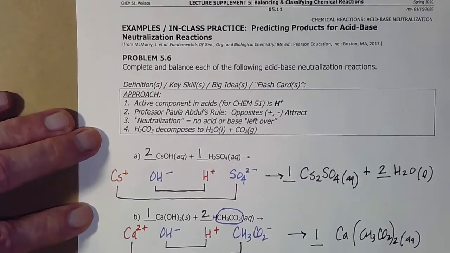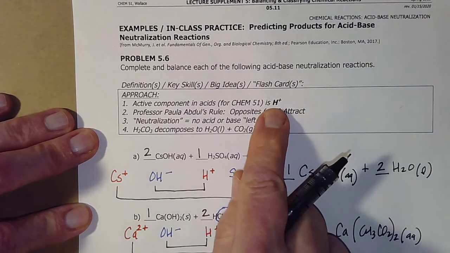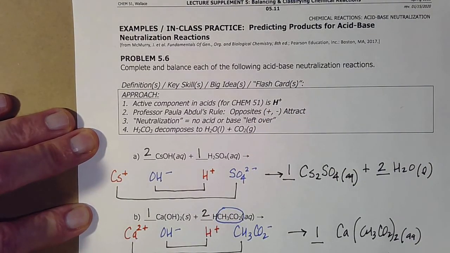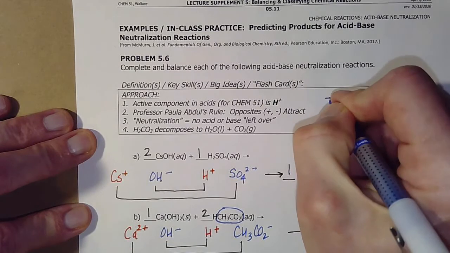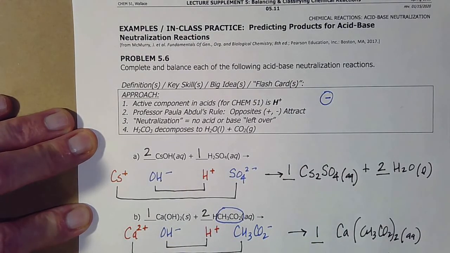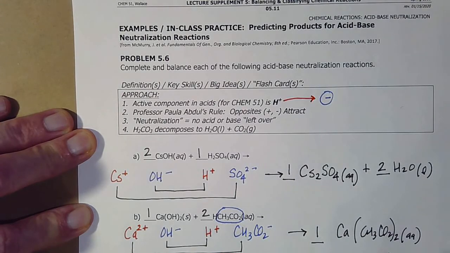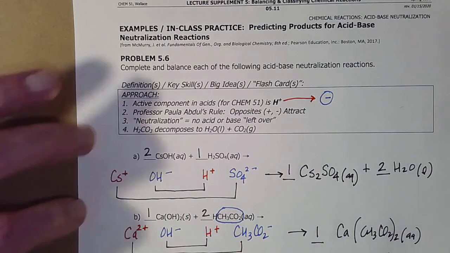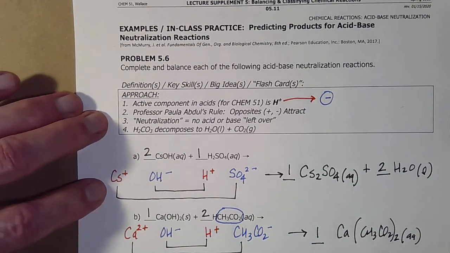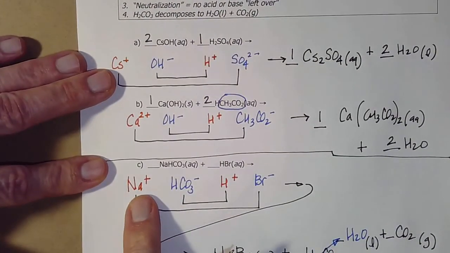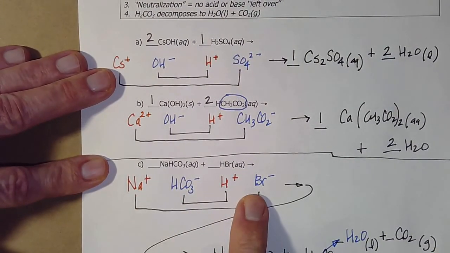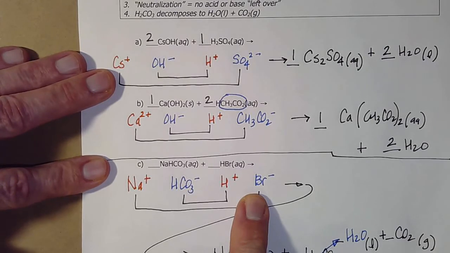Now, there are the rules at the top. The active ingredient is H+, and it wants to stick to something that's minus. The Professor Paula Abdul rule again is that the cation and the anion are going to come together to make the ionic compound.